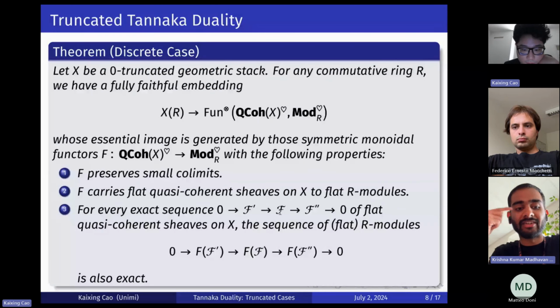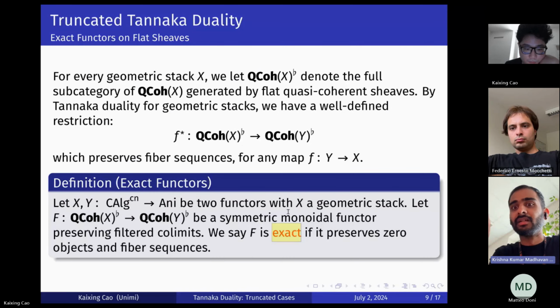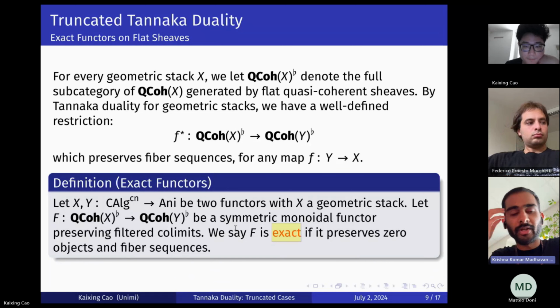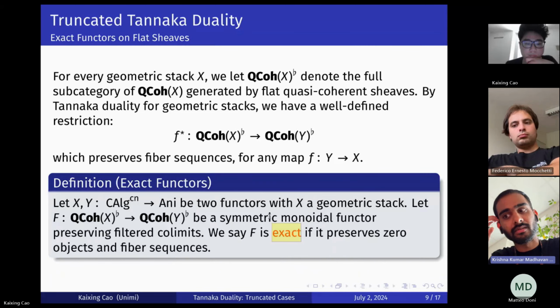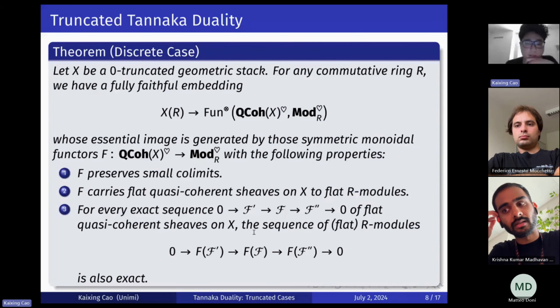And for n truncated categories, the definition of exactness takes a different form, in the sense that you just have to ask these functors on n truncated categories to preserve fiber sequences. Yes, and why do we have to do that? Is there some general philosophy behind it? I don't know if it's clear. The question is clear.